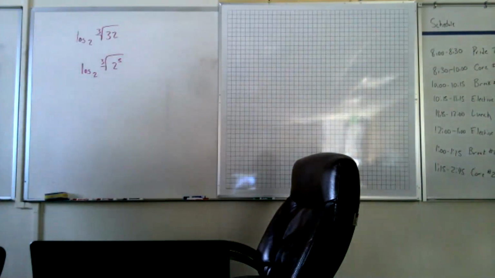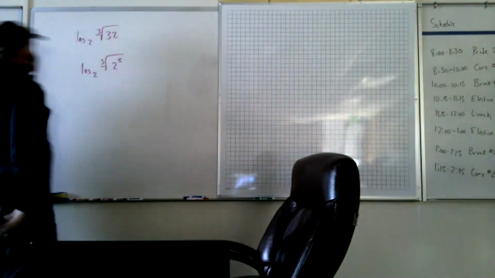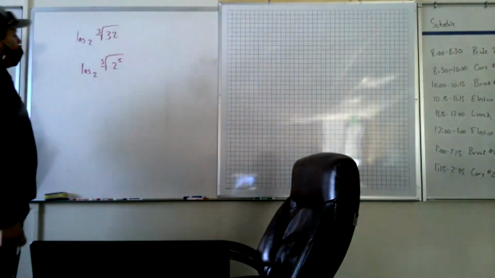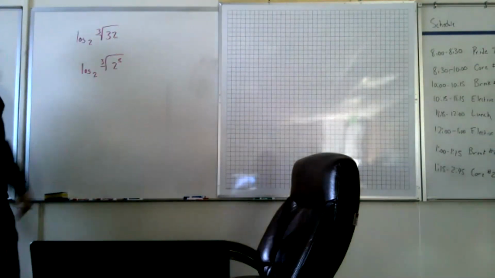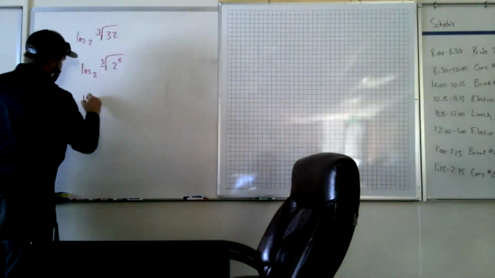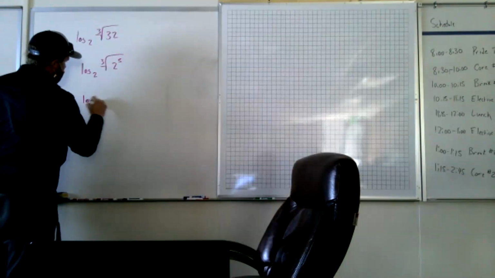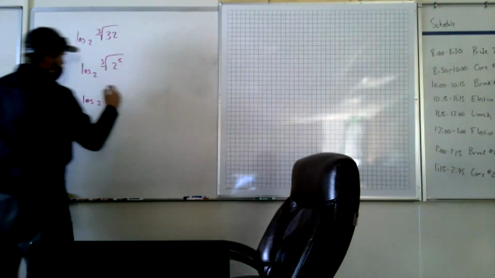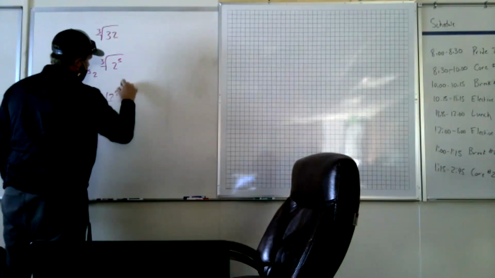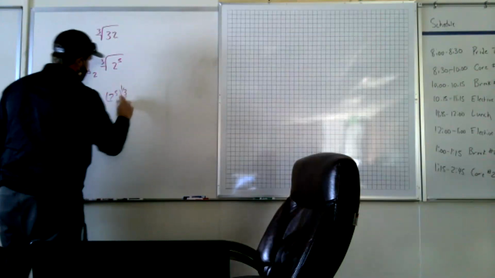Just like that. Next thing I'm going to do is remove my radical using the properties of rational exponents. I know that if it's the cube root, it's really this to the power of 1/3. So now I have log base 2 of 2 to the 5th to the 1/3.